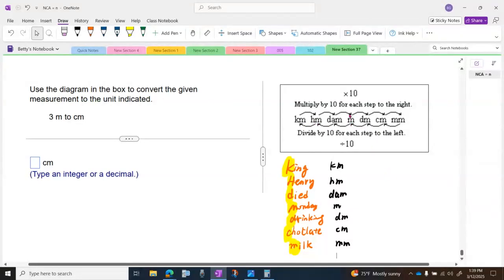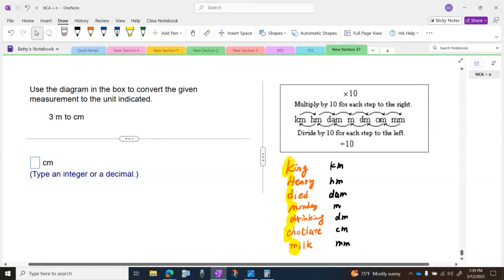How long is 1 meter? I grew up with the metric system, so I'm very familiar with meters. A meter is a little bit more than a yard, similar to a yard.